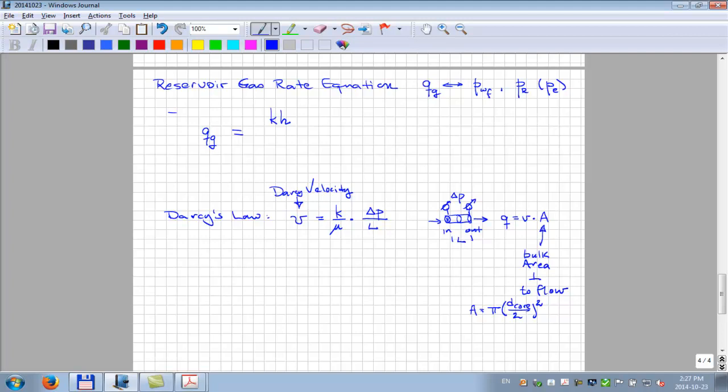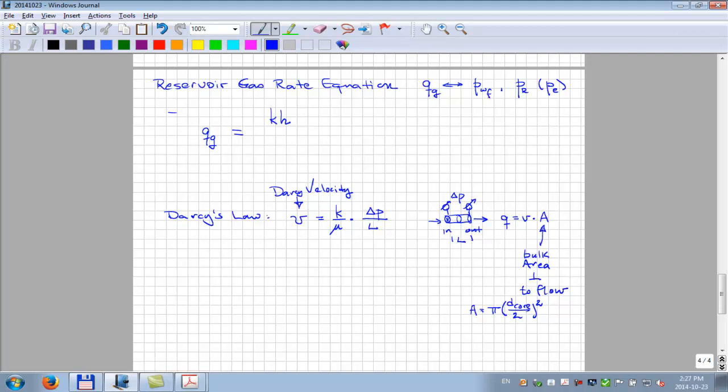Now, realize that that core could be this big, and it would be a porous media if we had a 10 micron tube going through the middle of it. A single 10 micron tube going through the middle of it, but the core is this big. Do you understand? All of the flow is going through that 10 micron diameter tube.